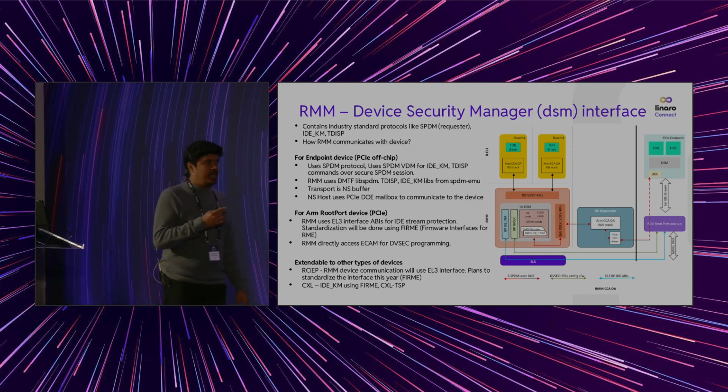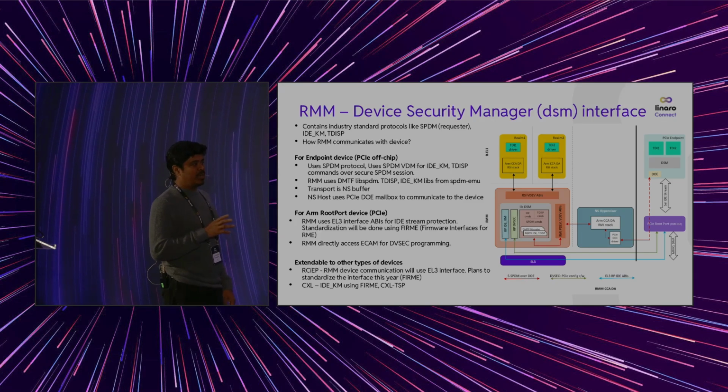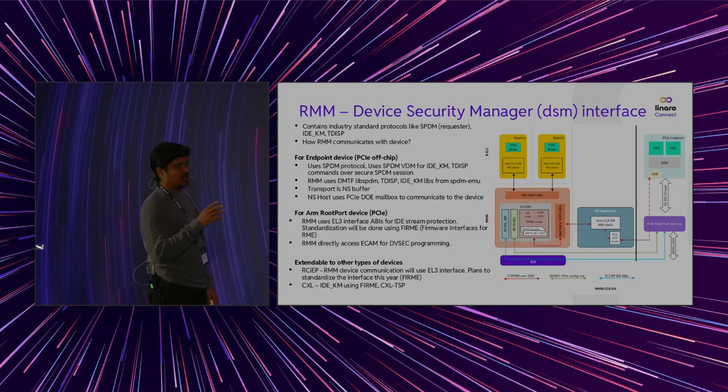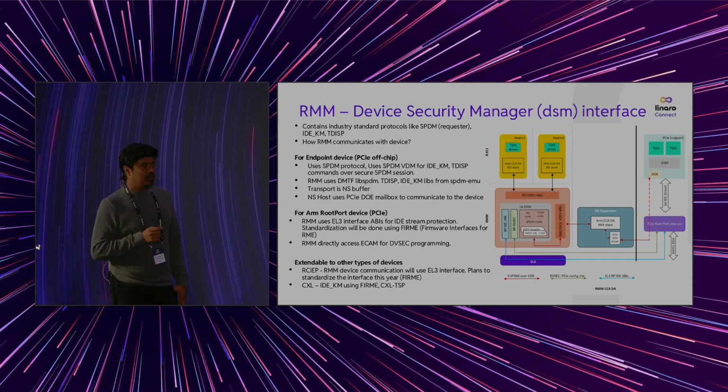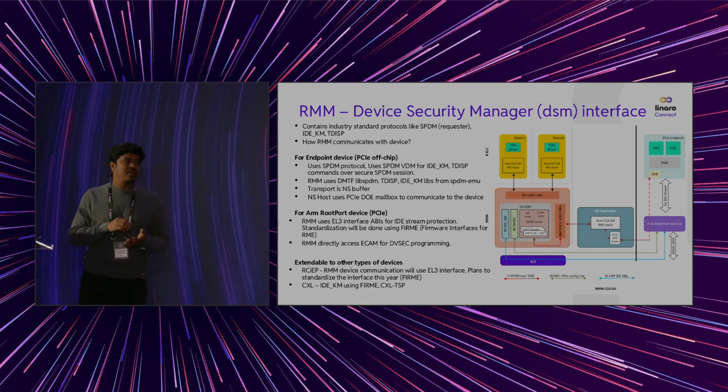So there are three types of communication that RMM mainly does. One, as mentioned in the different colors, the SPDM itself goes over the DOE through the non-secure hypervisor doing the proxying for the commands. And for programming, the root port stream needs to be locked.